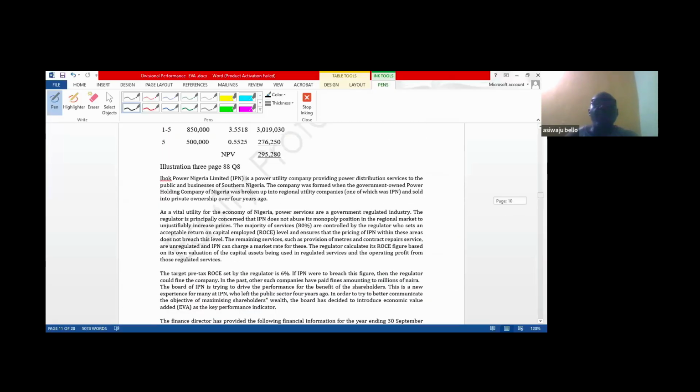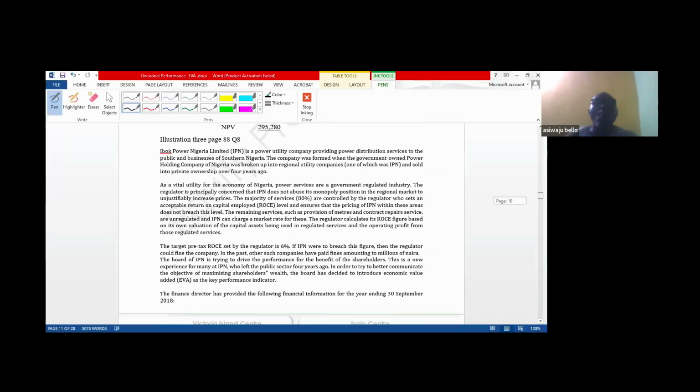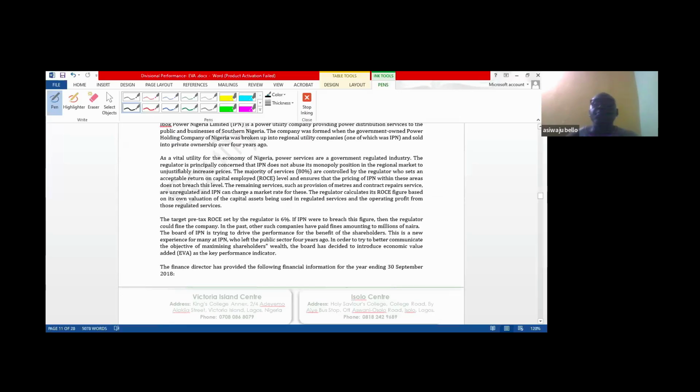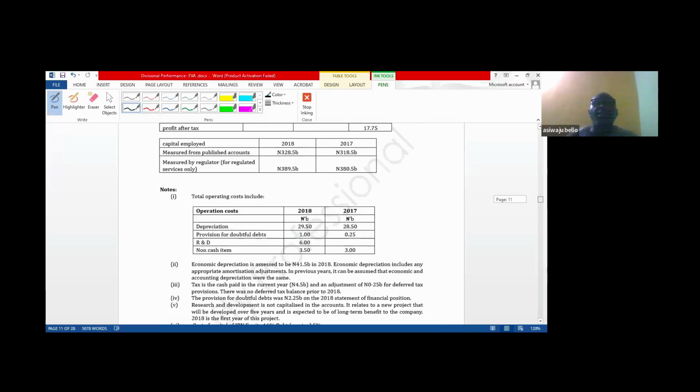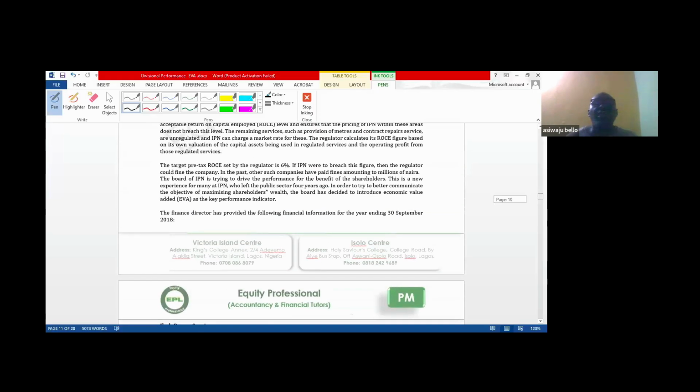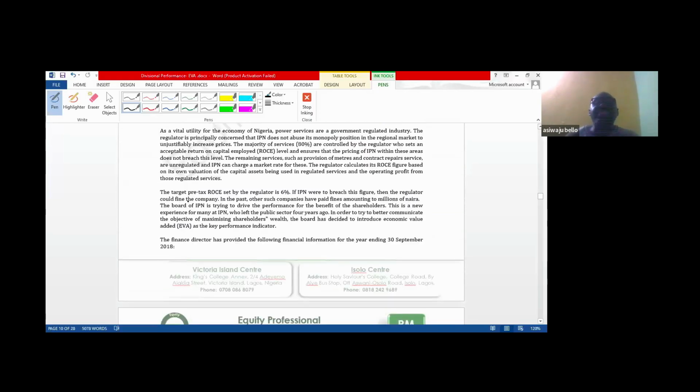Look at paragraph 3. The target pre-tax rate set by the regulator is 6%. If IPN was to breach this figure, then the regulator could fine the company.